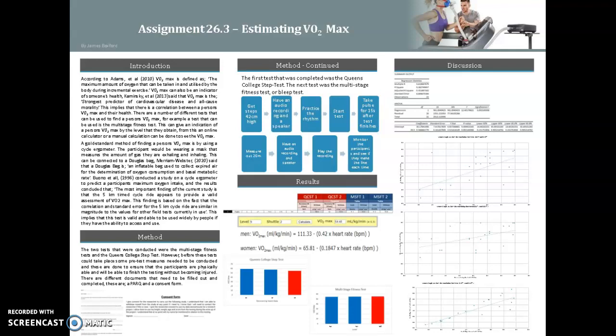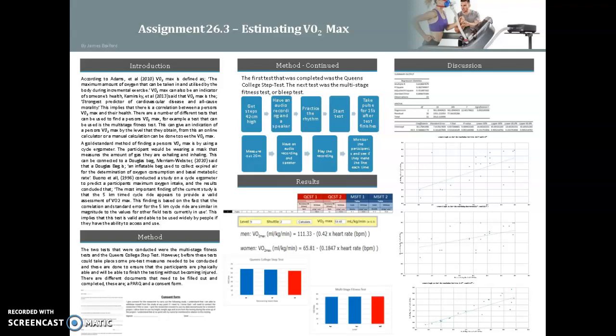As previously stated, the post-test measure for the Queen's College Step Test is a 15-second pulse. The heart rate would need to be calculated, so you multiply that 15-second pulse by 4.